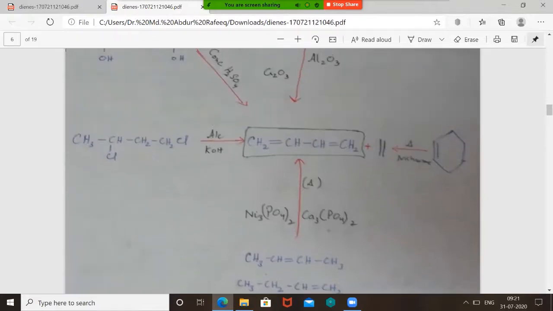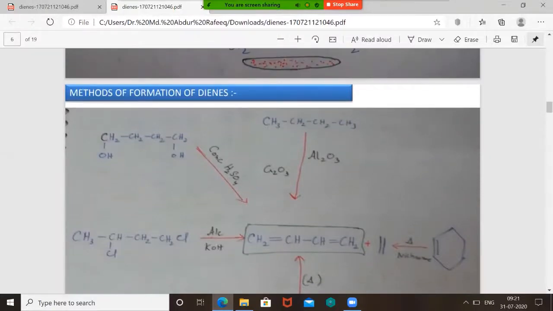So in methods of preparation, you write them separately, the five reactions I am giving here. Number 1, dehydration of diols: when 1,4-butane diol is heated with concentrated sulfuric acid, you get 1,3-butadiene.